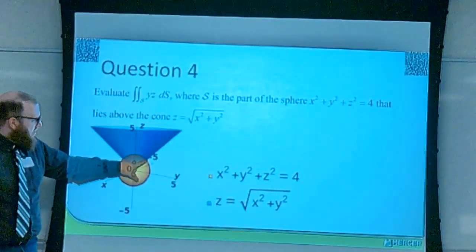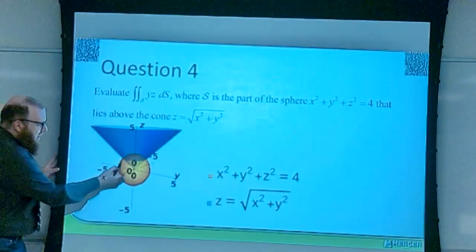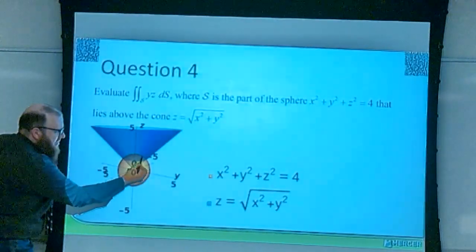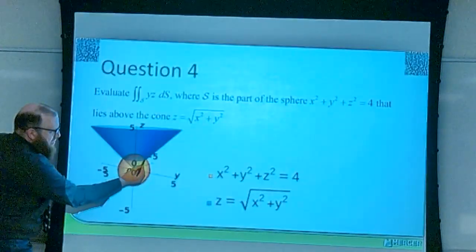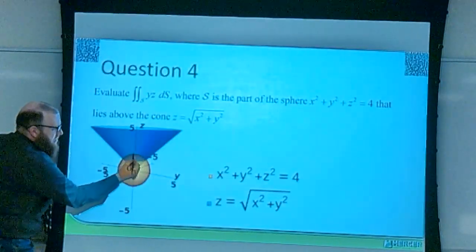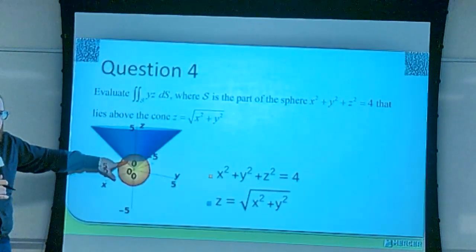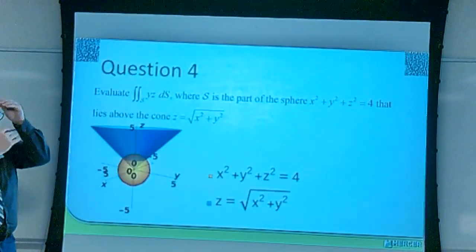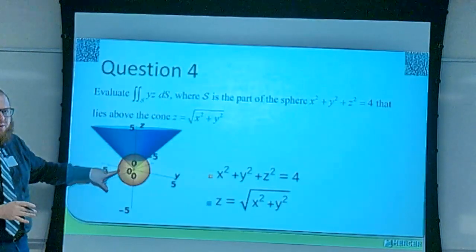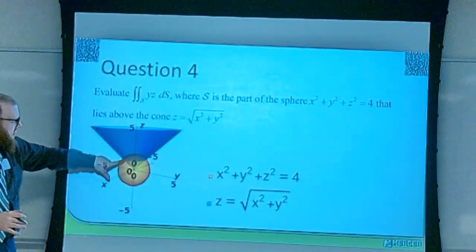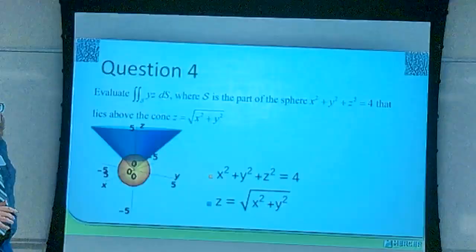You can vaguely see that outline there. That's going to be the cutoff of the sphere, and that's that part. So that's actually called a polar cap. It's not a full hemisphere. It's part of a hemisphere. So that's a polar cap. That's what we're doing.